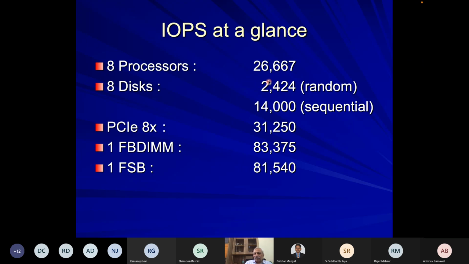Once you have seen the limitation of each, you can see where the bottleneck is. If you want to do random reads, then you are limited to only 2425. On the other hand, for sequential reads, again the disk is the limitation, so 14,000. Therefore, the bottleneck in this case is the disk, but that may not always be the case.